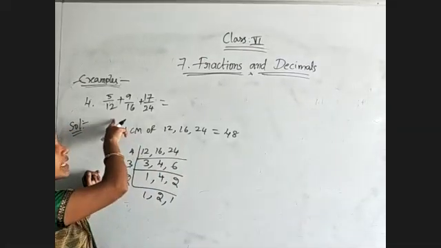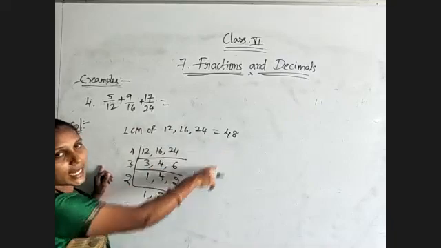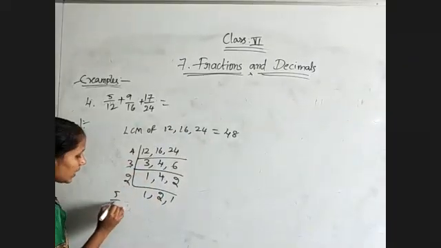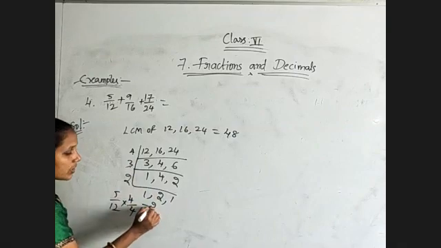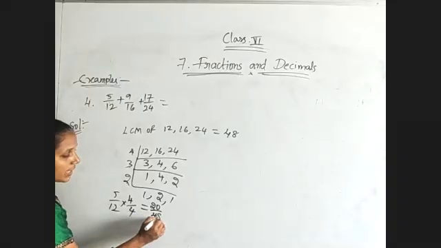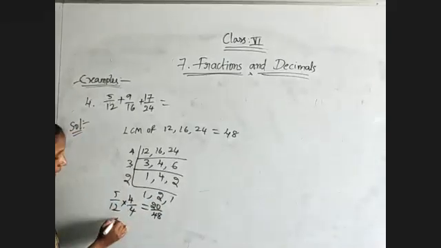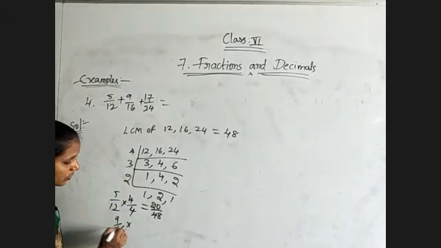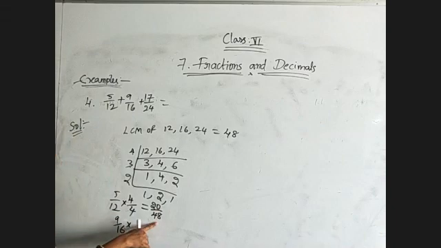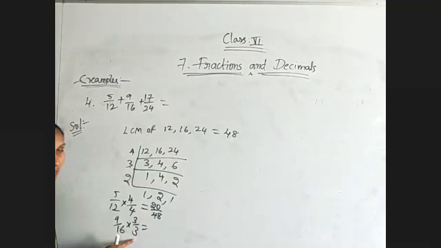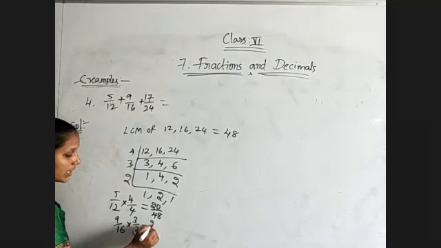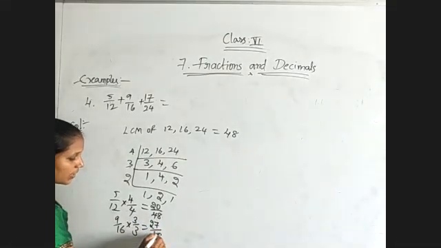Now we need to write the fractions with the denominator 48. So 5 by 12, equivalent fraction with 48: 12 fours are 48, so 4 by 4. 5 fours are 20 divided by 12 fours are 48. Then 9 by 16 into 3 by 3, since in the 16 table when you get 48, yes, 16 threes are 48. So 9 threes are 27 divided by 16 threes are 48.